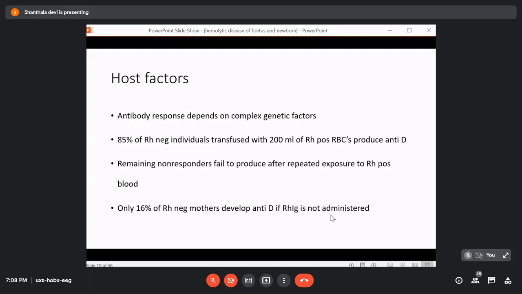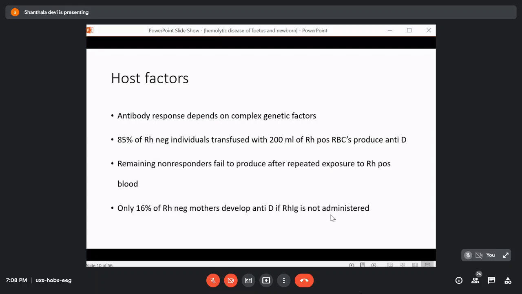Similarly, when Rh negative mothers who were not administered Rh immunoglobulin were investigated, only 16% of them had developed anti-D. So there are various complex genetic factors which play a role in who develops anti-D following sensitization with the antigen which is absent in the mother but present in the fetus.